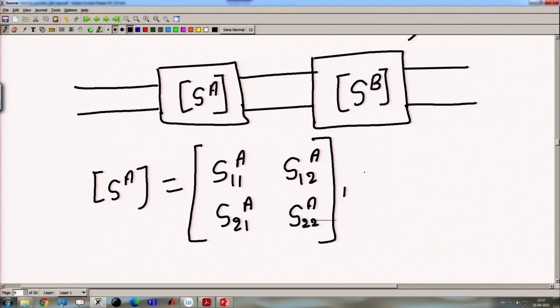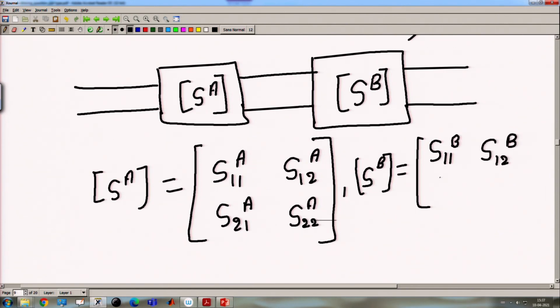Similarly, for SB, equal to S11B, S12B, S21B, S22B. So, this is SA and SB, known to us.